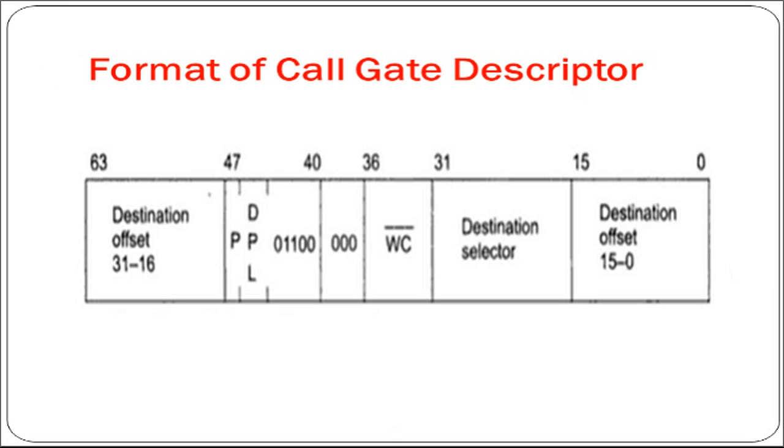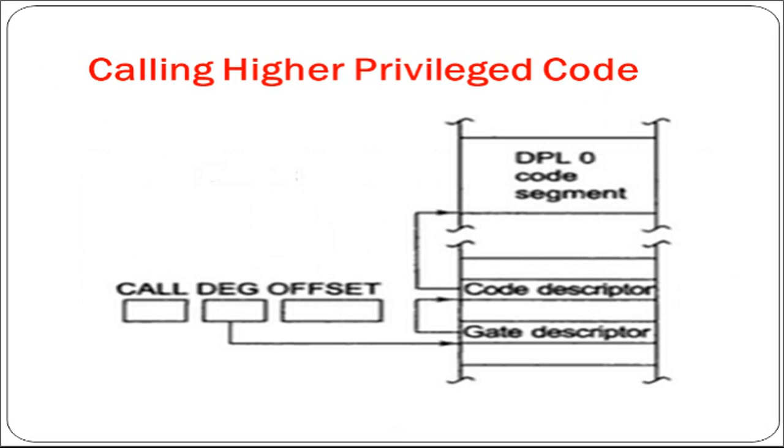Now let's see how we transfer to the higher privilege level by using the call gate. The figure shows the correct way of the transfer through the call gate. The call gate is the only mechanism, as we have seen, that allows us to transfer our call to the higher privilege level, and we can only use a far call instruction to change our PL.